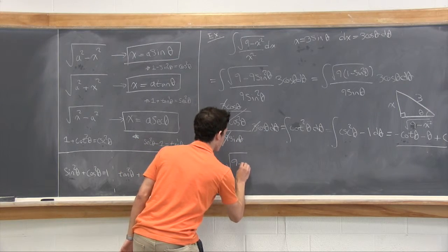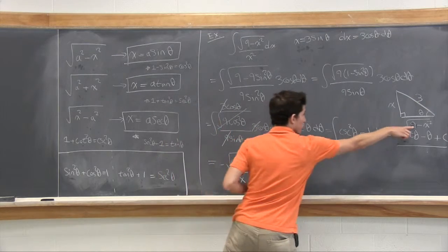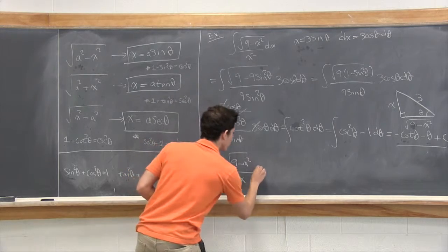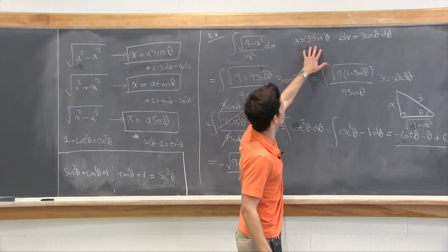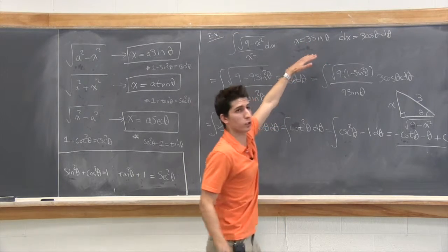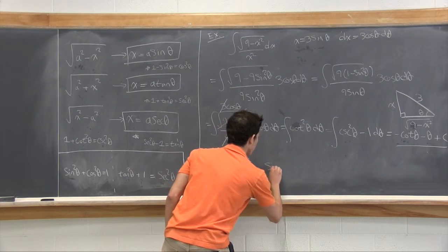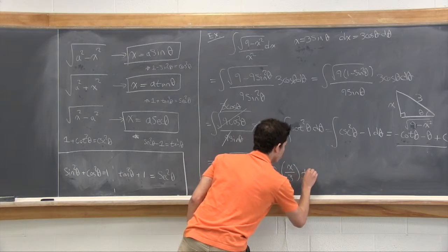It's the square root of 9 minus x squared over x, cosine over sine. Then it's minus theta, and what's theta? Well, it's easy to get it from right here. It's inverse sine of x over 3. We just solved that equation for theta. So inverse sine of x over 3, and then plus c.